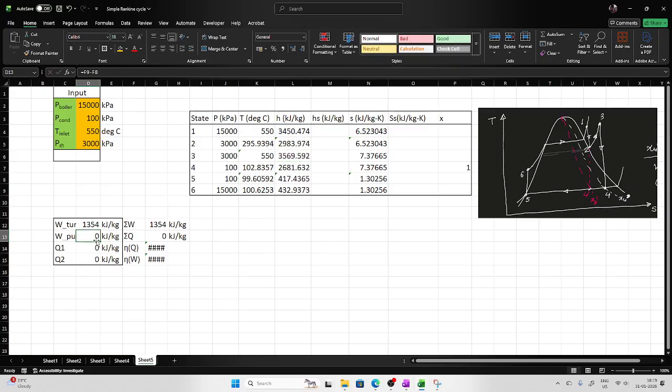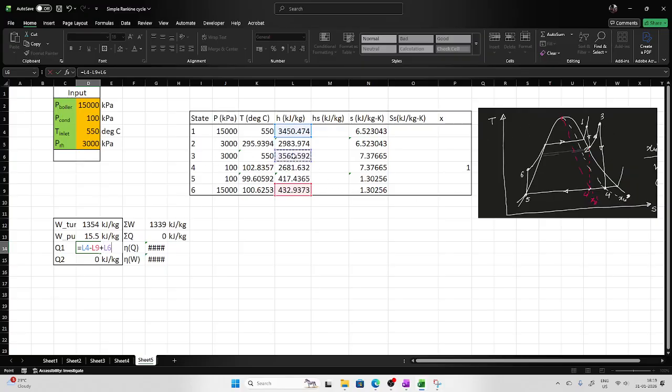Then the pump work is equal to H6 minus H5. Now the heat input is H1 minus H6, plus in the reheater, H3 minus H2.